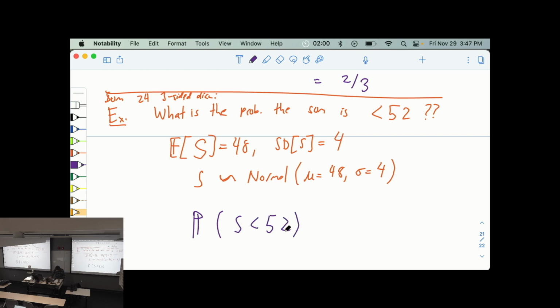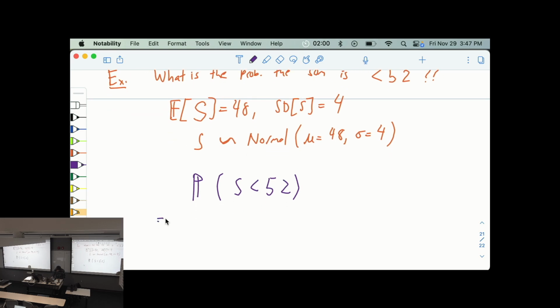And the way we do these is we kind of normalize them. So we say that's the same as the chance that S minus 48, minus the mean, divided by 4. So I've done some operations on S to subtract the mean and divide by sigma. This is the x minus mu divided by sigma transform.